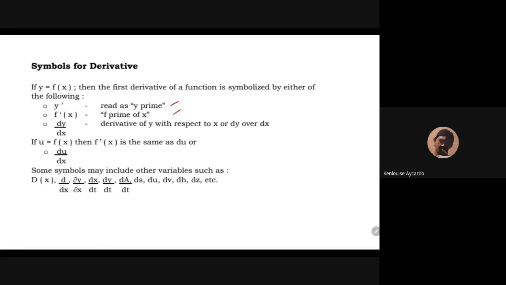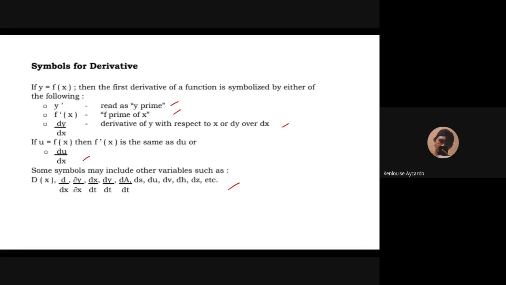We also have the derivative of y with respect to x, or dy over dx. If u is equal to f of x and f prime of x is the same as du over dx, then we could have the derivative of u with respect to x. These are some of the symbols for the derivative.